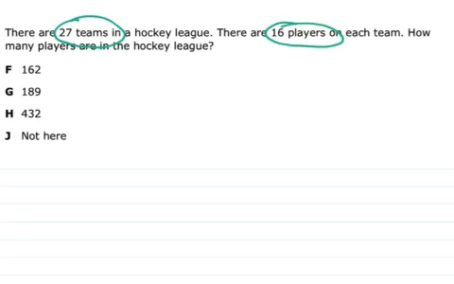You could say there are 16 players on one team, and we know that there are 27 teams. How many players are in the hockey league? So we're going to multiply again using the traditional method, standard method. 27 times 16.